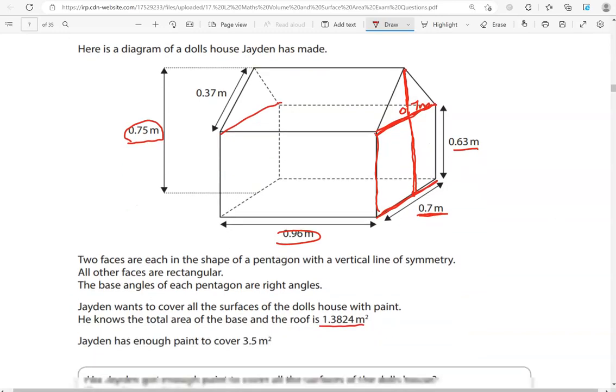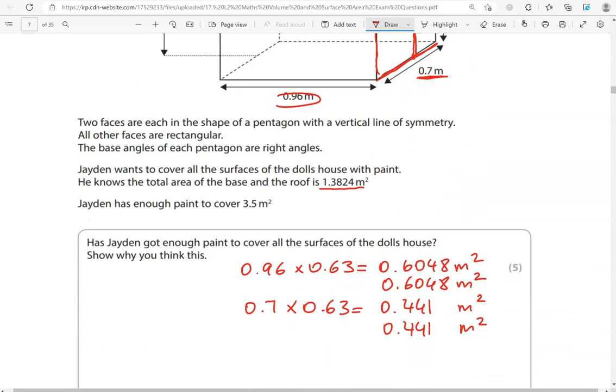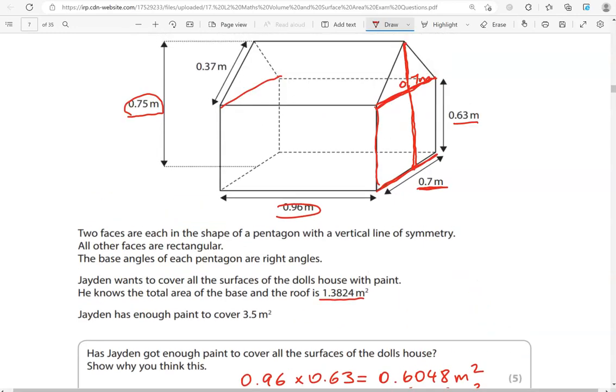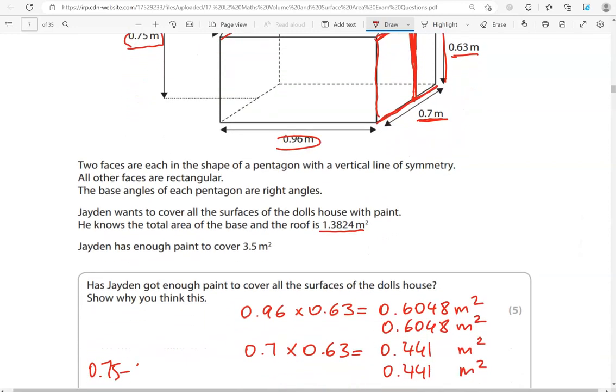So 0.75, if I take away this, which is this length, this height here, that will be 0.63.